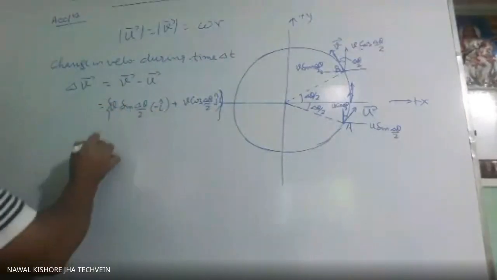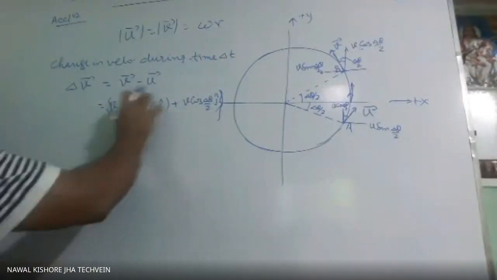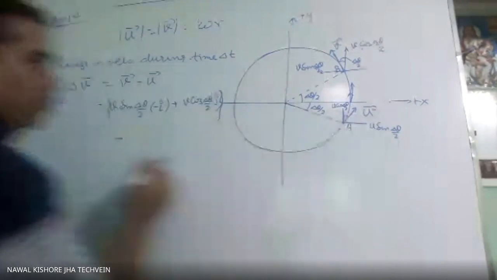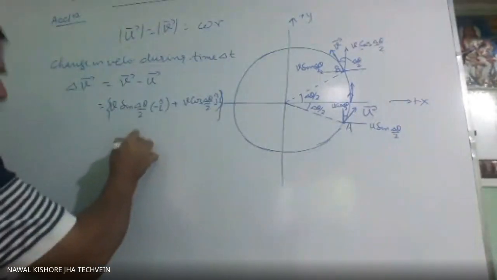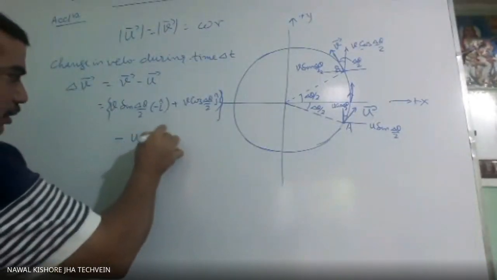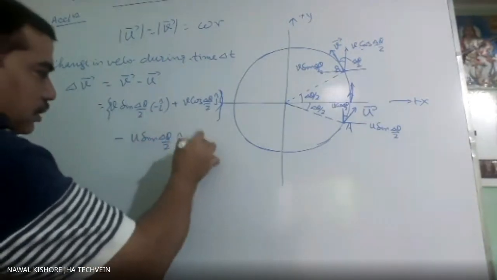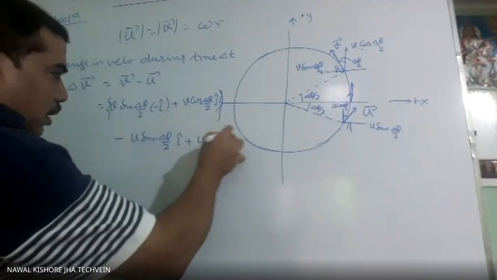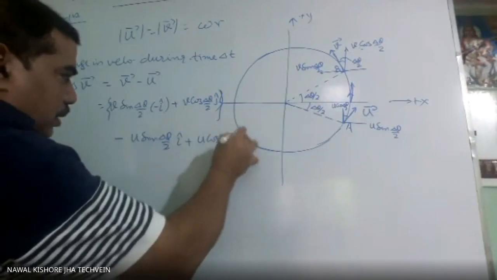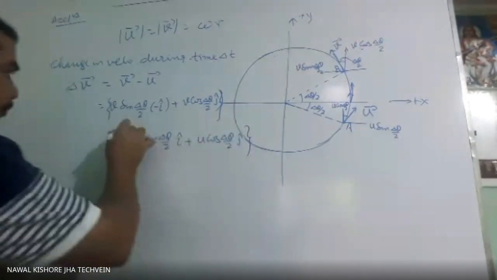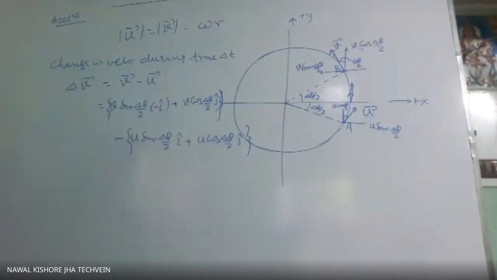This is v minus u, and the u component is how much? u sin delta theta by 2 i plus u cos delta theta by 2 j. Yes, is it clear?